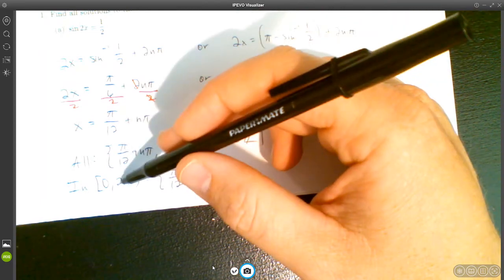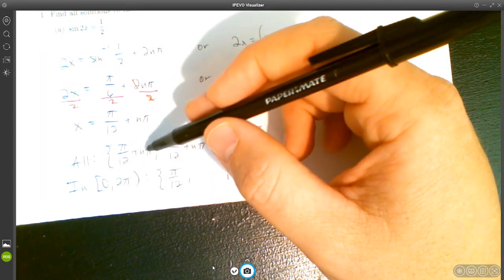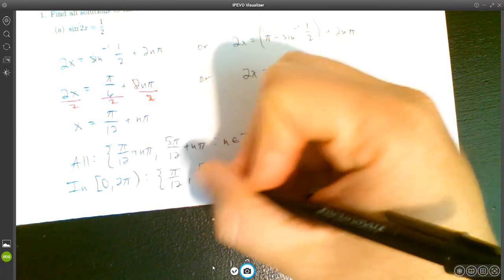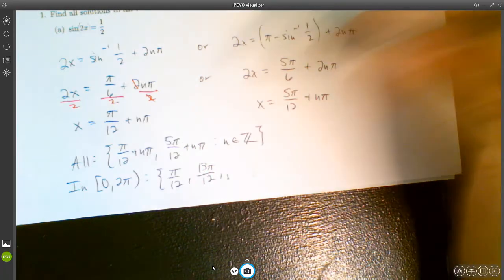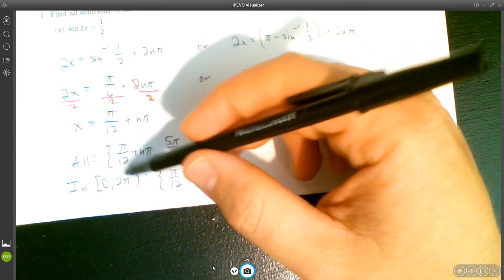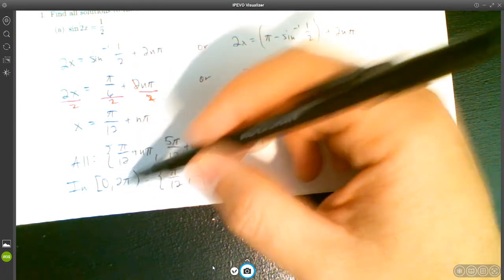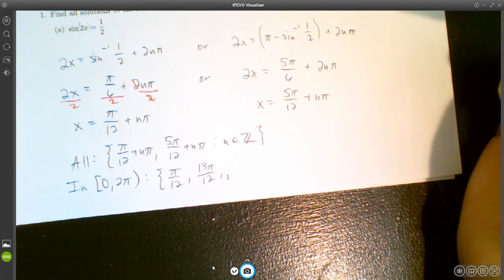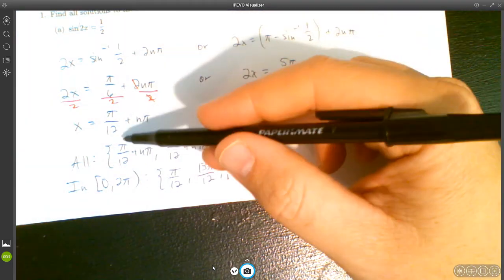That's also in the interval, right? So pi plus pi over 12 would be 13 pi over 12. So that's in the interval for sure. If I plug in 2 for n, I'm going to get 2 pi plus pi over 12. That's obviously going to be bigger than 2 pi, so it's not going to be in the interval. So I'm not going to write down that solution. That does it for pi over 12.